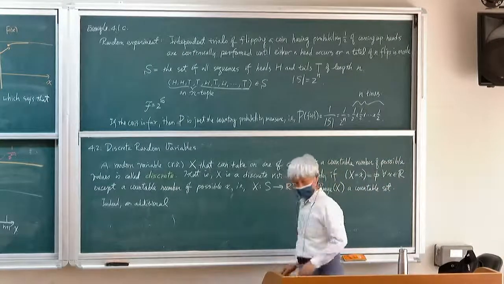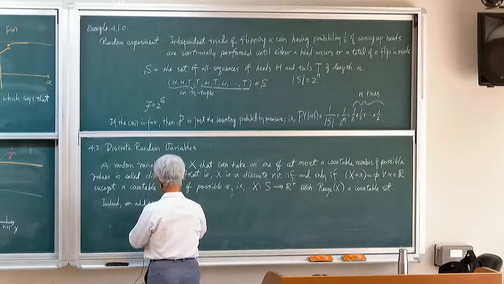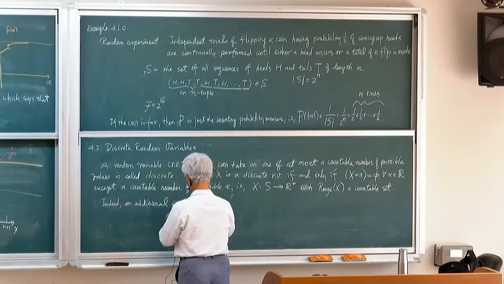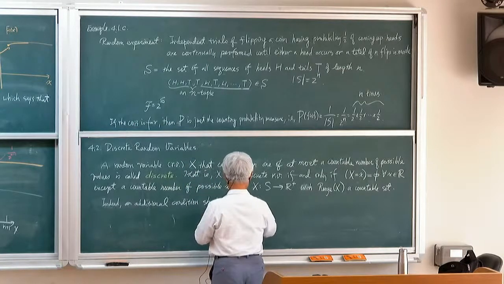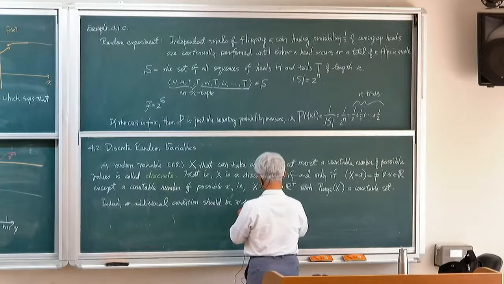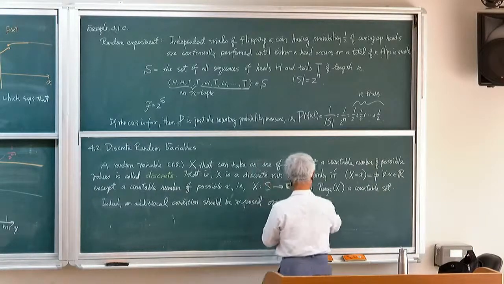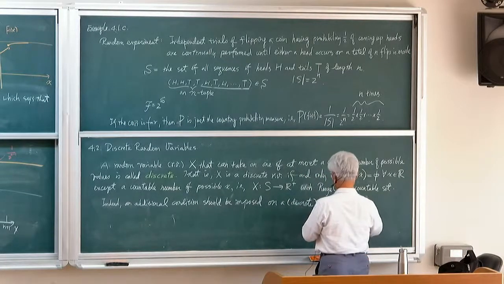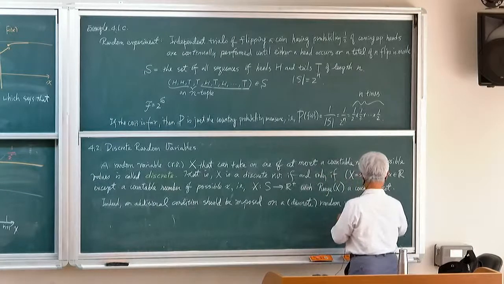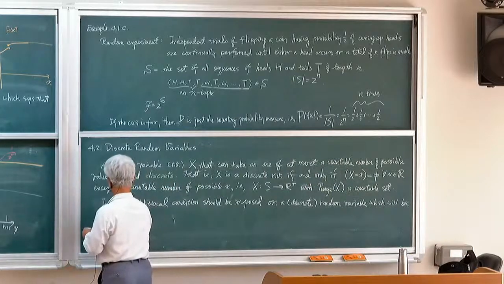But a discrete random variable needs an additional condition. An additional condition should be imposed on a discrete random variable, which will be discussed shortly.